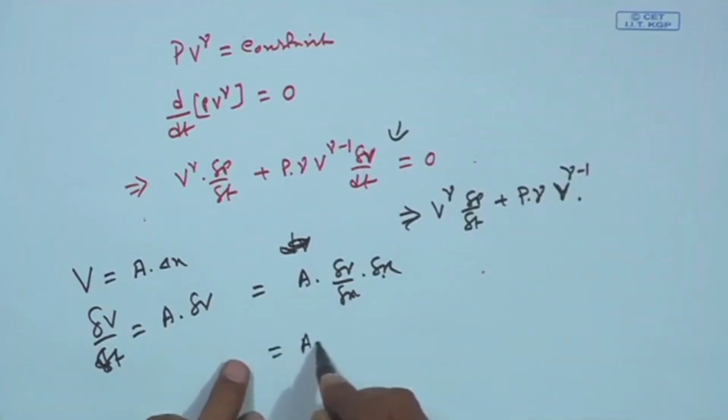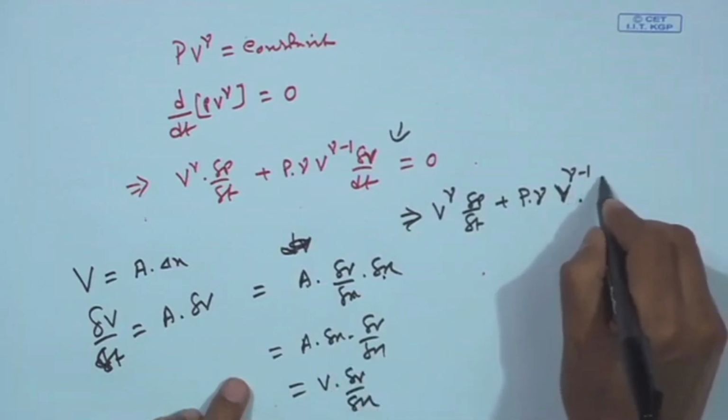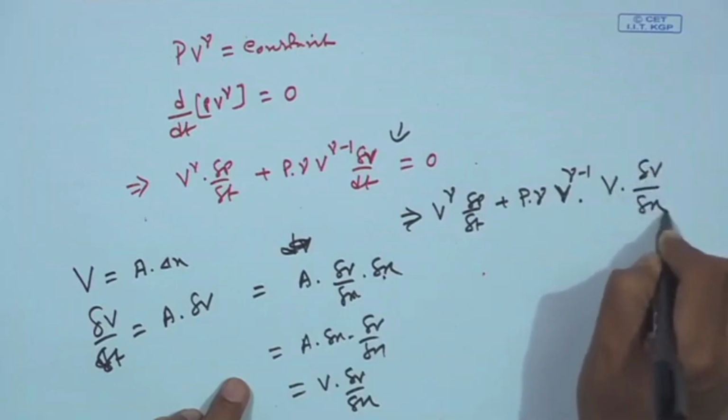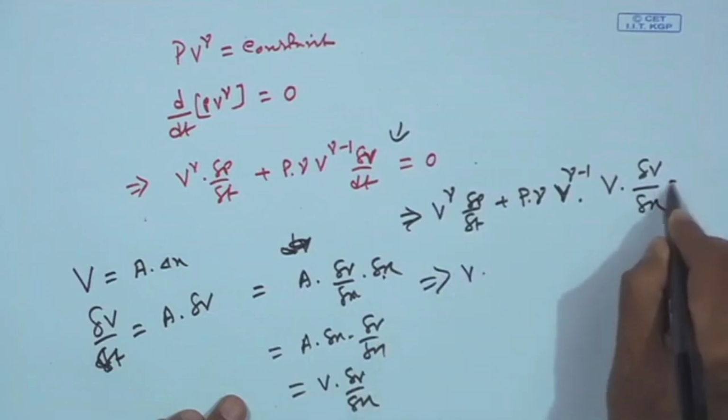What is a into del x? Into del v by del x. So, it is nothing but a v into del v by del x, which is equal to 0.